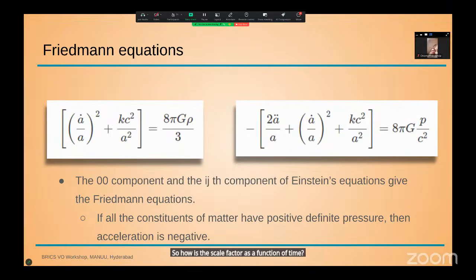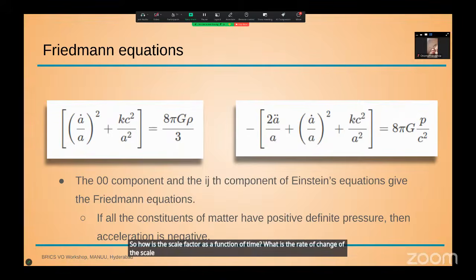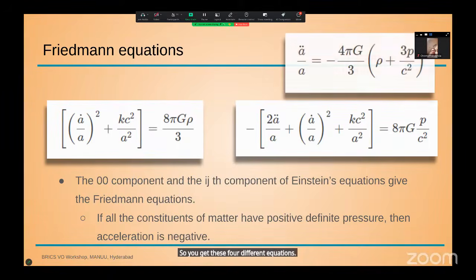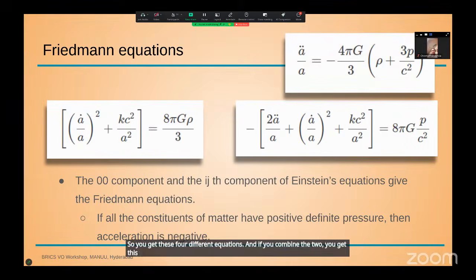What is the rate of change of that scale factor? This is the velocity, and how it depends upon the constituents of the universe. And then the second equation tells you the acceleration of this scale factor, a double dot, and how it is changing as a function of time. And if you combine the two, you get this particular equation, which is shown here on top.